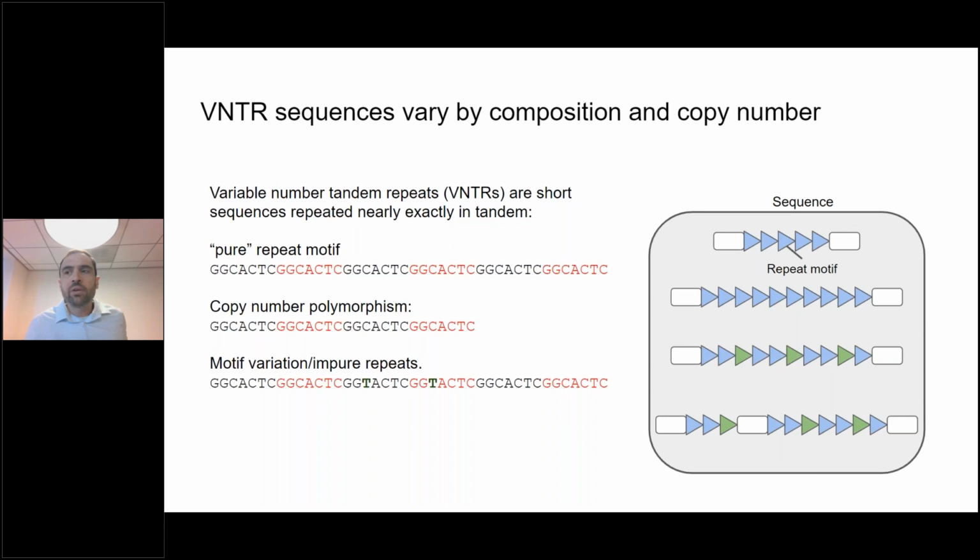So I mentioned earlier that tandem repeat sequences vary by length, where we can have, say, a sequence that has an increase in copy number of a particular motif. They also vary by motif composition. So we can have slight differences between motifs in addition to differences in copy numbers of motifs.